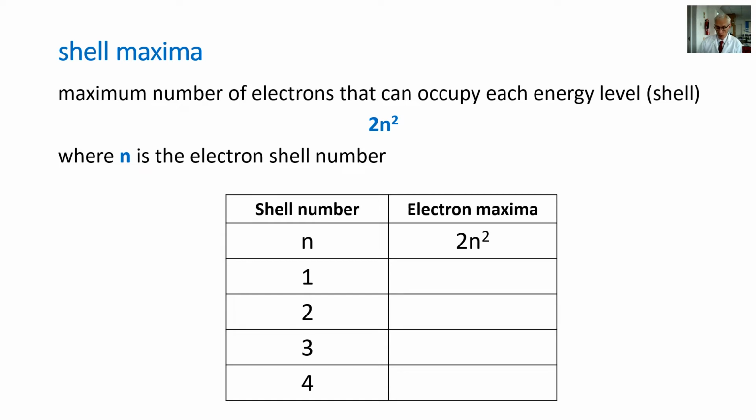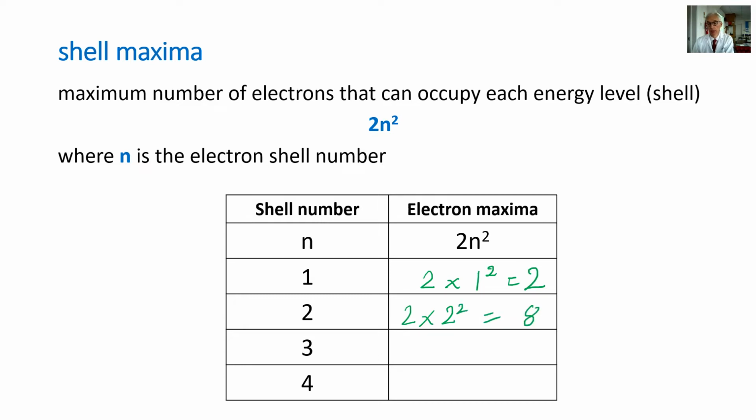Okay, so let me do that as well. We're going to go 2 times 1 squared. So that is 2. So there's a maximum of 2 electrons in the first shell. We've got 2 times 2 squared. 2 squared is 4, so that is 8.